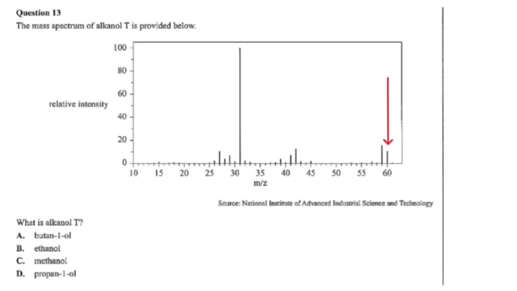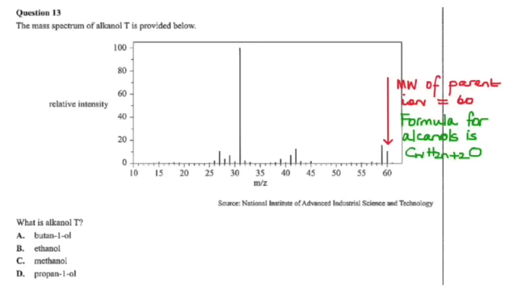So it helps to know that basically the formula for alkanols is the same as for straight chain hydrocarbons, except that there's an O in the mix as well. So therefore it's very easy to work out.